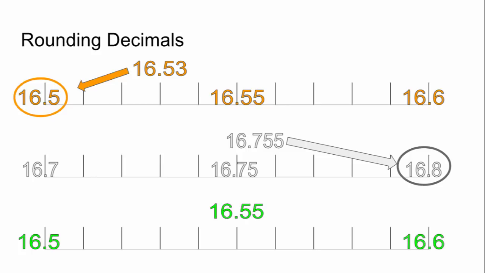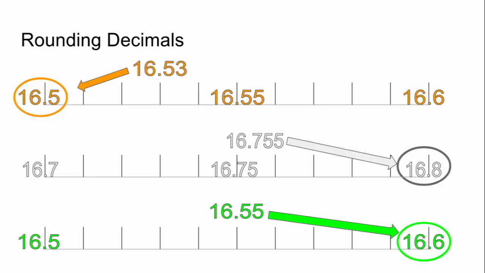But we don't need to put anything in the middle because our number 16 and 55 hundredths is already in the middle. So we need to remember what our rule is when rounding. If it's in the middle, we round up. So 16 and 55 hundredths, because it is right in the middle between 16 and 5 tenths and 16 and 6 tenths, we're going to round it up to 16 and 6 tenths.